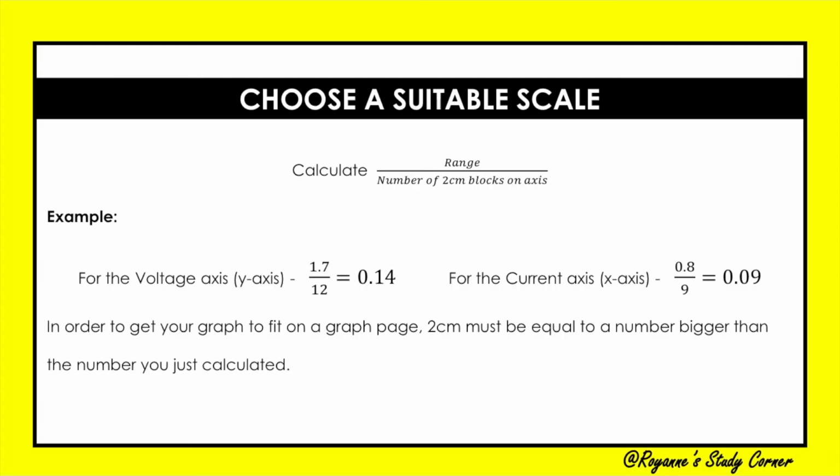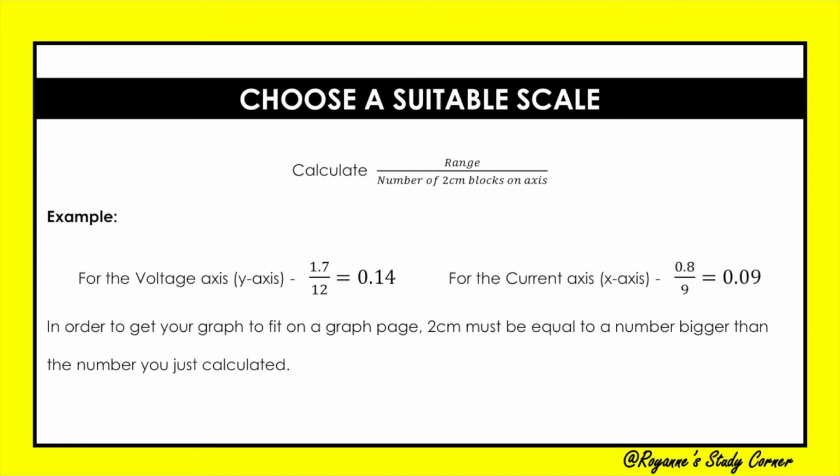It's from graph book to graph book, but most graphs have 12 2 centimeter intervals on the long side of the paper. So we'd have here 1, 2, 3, 4, 5, 6, 7, 8, 9, 10, 11, 12, 13. Now notice my graph paper here has 13, but I'm still leaving 12 because I know most people's books have 12. So we divide our range 1.7 divided by 12, and it gives us 0.14.